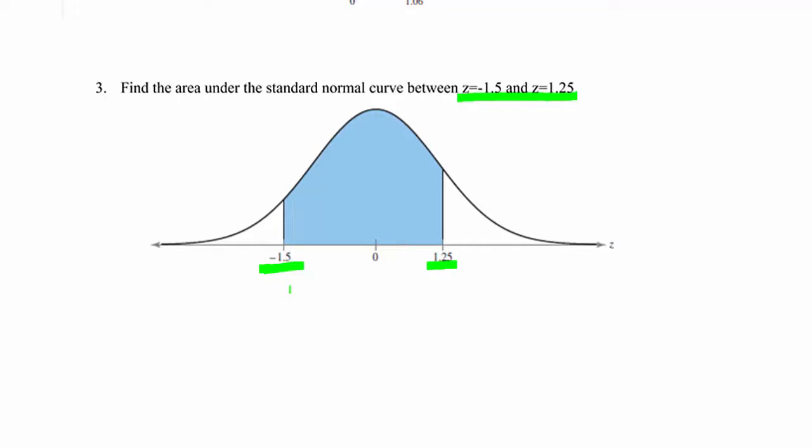Then if you read negative 1.5, you will get this value here. Good? Because the z-score always gives you the left side area, right? But now if you read 1.25, then you will be given this area.